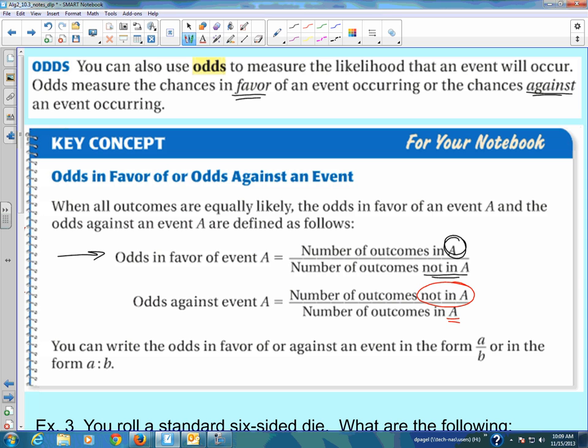And that would be our odds against. So just think of what I want over what I don't want for odds in favor, and think about what I don't want over what I want for odds against. And again, what's important here is that these two numbers, whatever they are, always add up to the total number of outcomes.